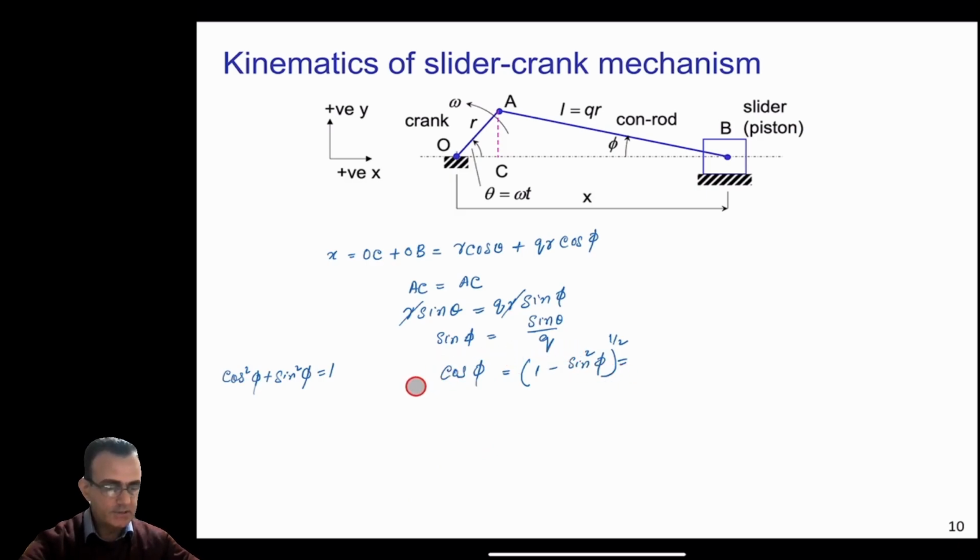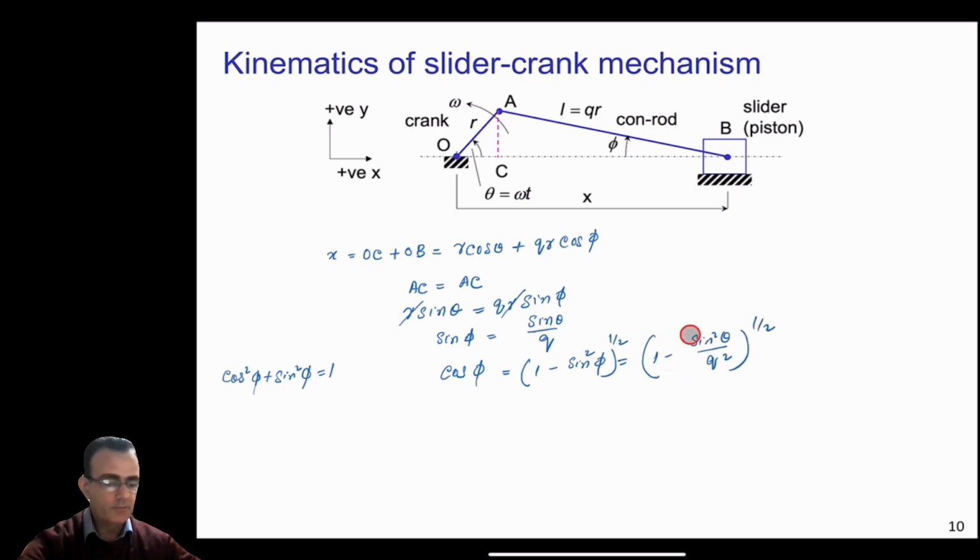In this case, we can further simplify it. Because we know that sine phi is equal to sine theta divided by Q, it will become (1 - sine squared theta divided by Q squared) to the power 1/2. So we get the equation between cos phi and sine theta.